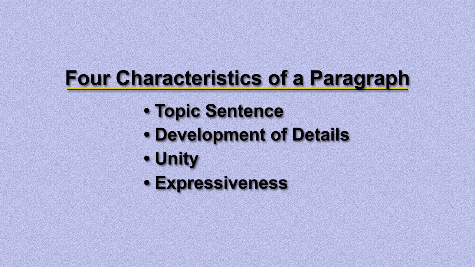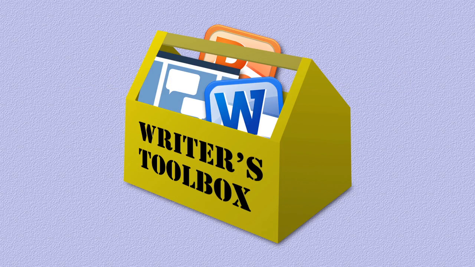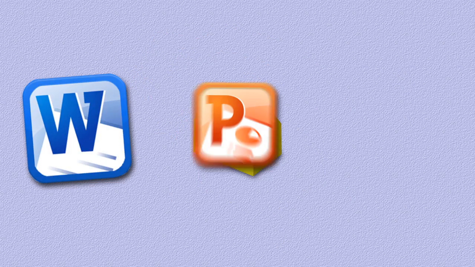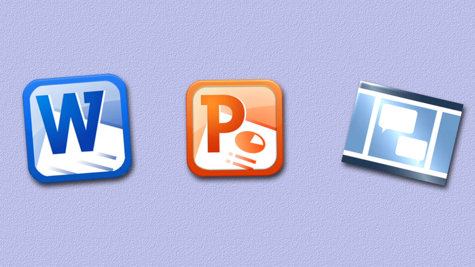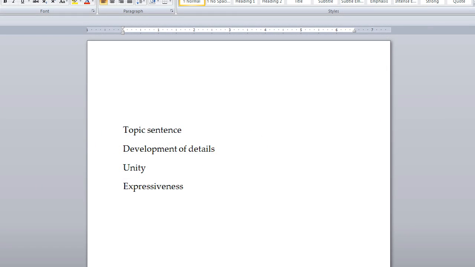The central principle and the 4 characteristics of a well-written paragraph are an essential part of your writing toolbox. Every carpenter needs a hammer, a screwdriver, and a saw to start building simple structures. This holds true for a writer. You must have these basic paragraph skills in order to write simple but strong paragraphs. Let's begin assembling your writer's toolbox.